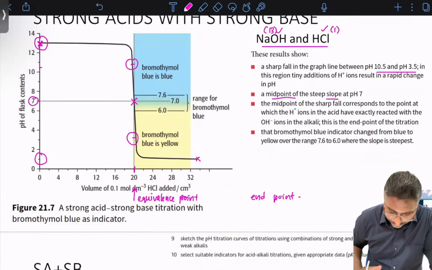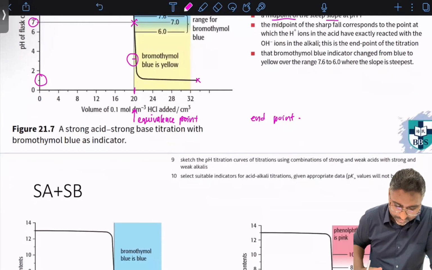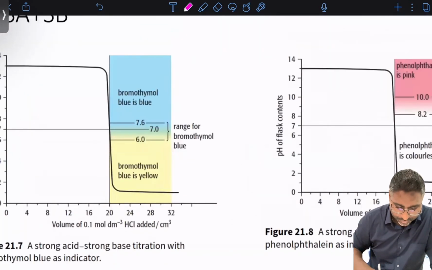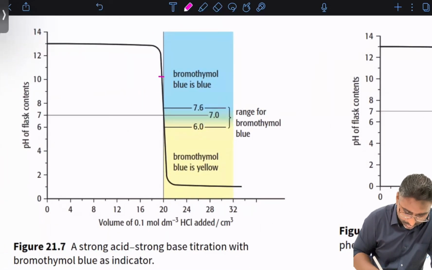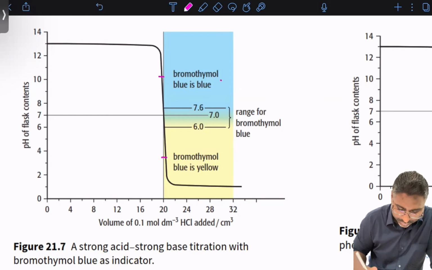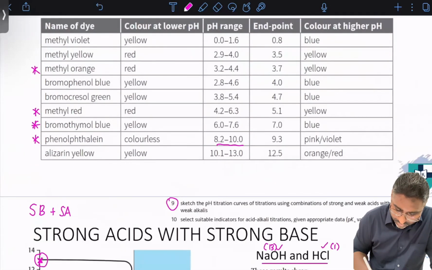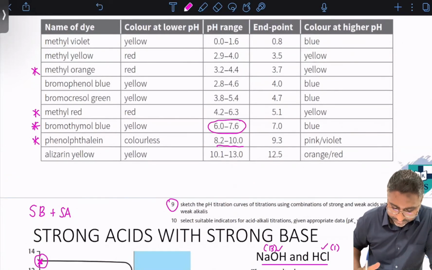Now it's already a bit messy, so we just go to the next slide. Still the same graph. If you look at 10.5 all the way to 3.5, this is a sharp drop, and they have used bromothymol blue. Let's go back here. Bromothymol blue, the pH range is 6 to 7.6.